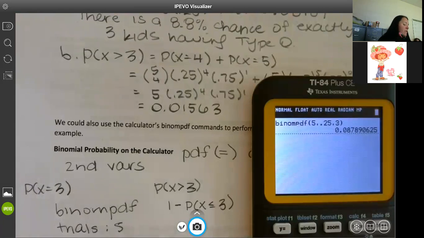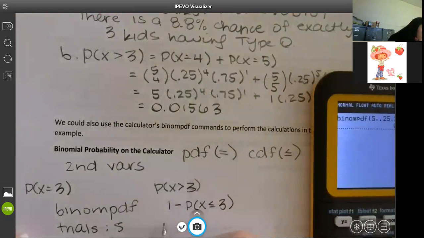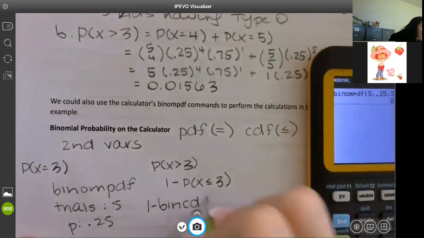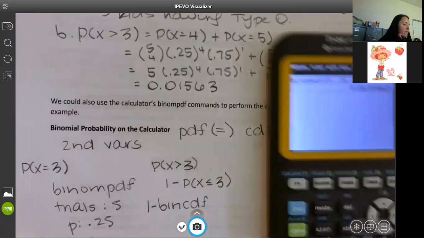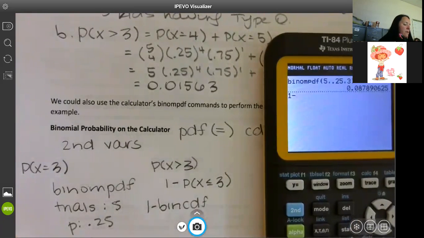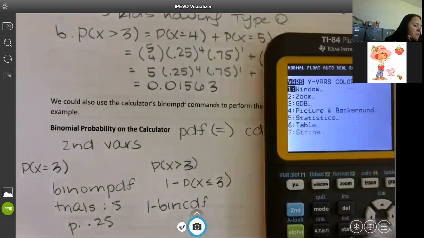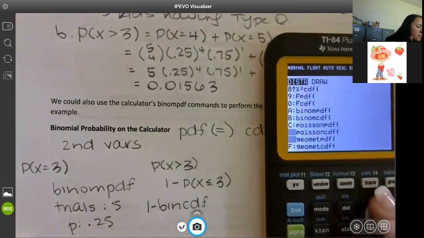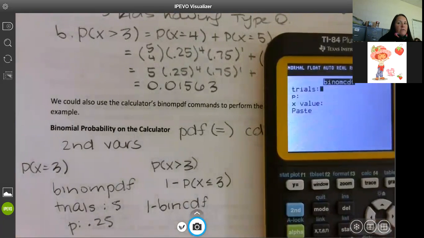Okay, so this is the same thing in our calculator of doing 1 minus binomial CDF. So we do 1 minus, second vars, and we're doing binomial CDF.